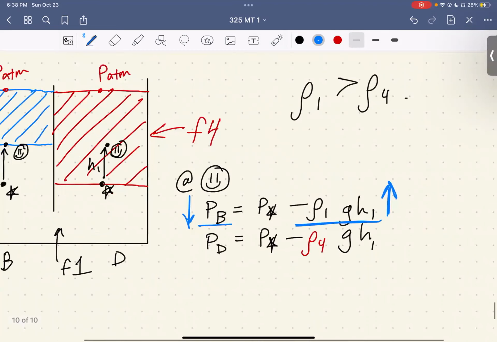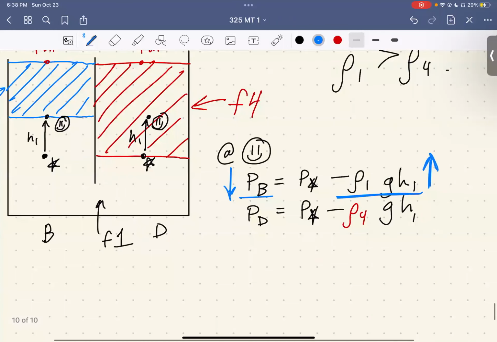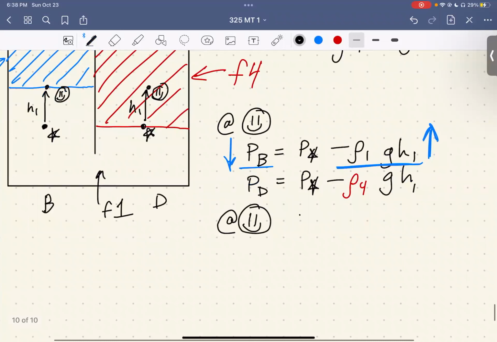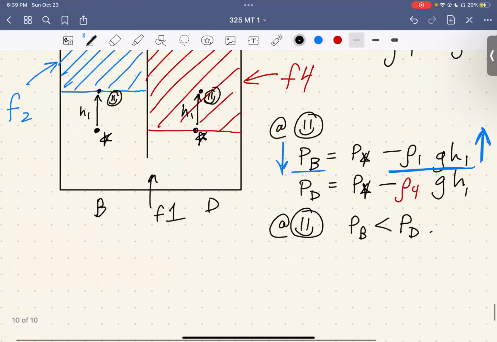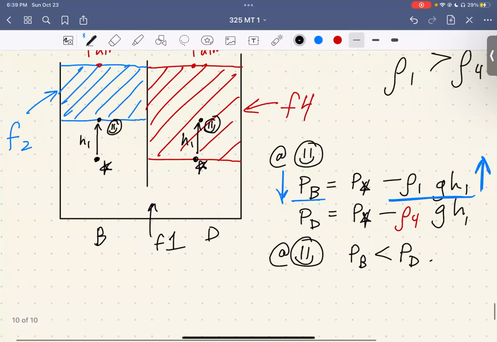So therefore, at the smiley face, we know that pressure B is less than pressure D. But we're not there yet. We need to compare first the rhos. The rho will give us the actual answer. Let's keep going. So now let's actually get to PATM.